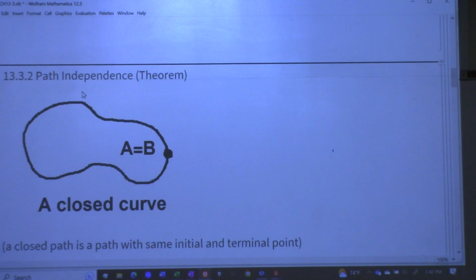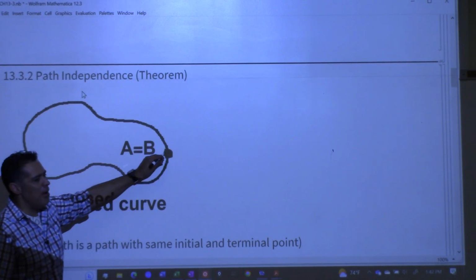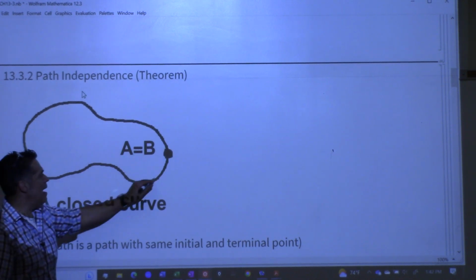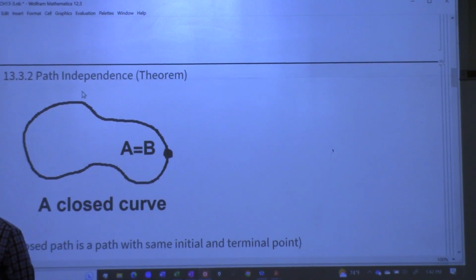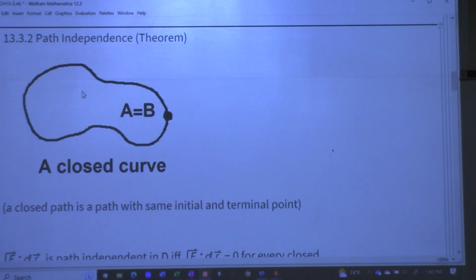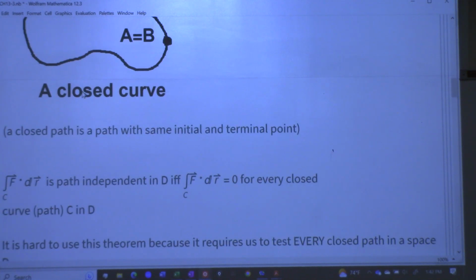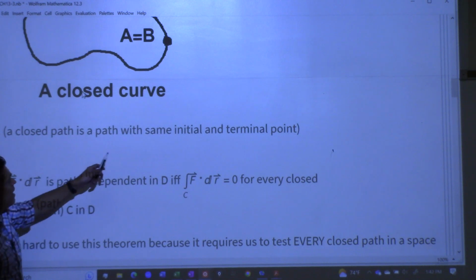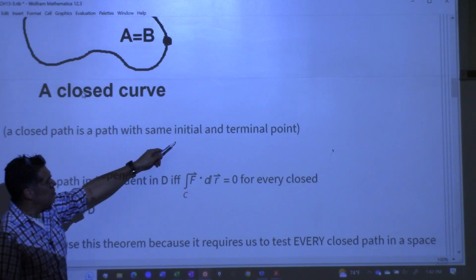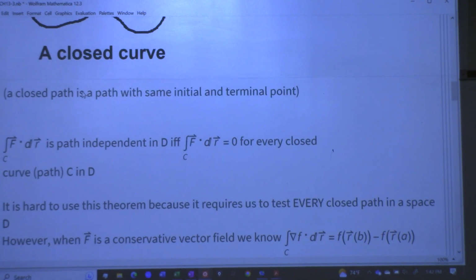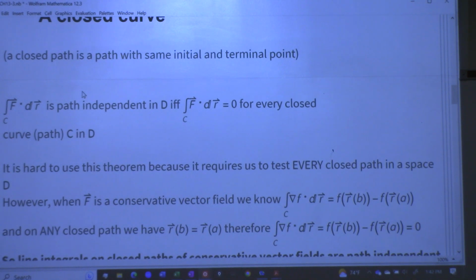All right, what you're looking at here is what we call a closed curve. Seems logical. You start at a point, draw your curve, you come back, you end at the same point you started. That creates a closed curve. So with a closed curve, you have to have the same initial point and terminal point. So now the theorem.